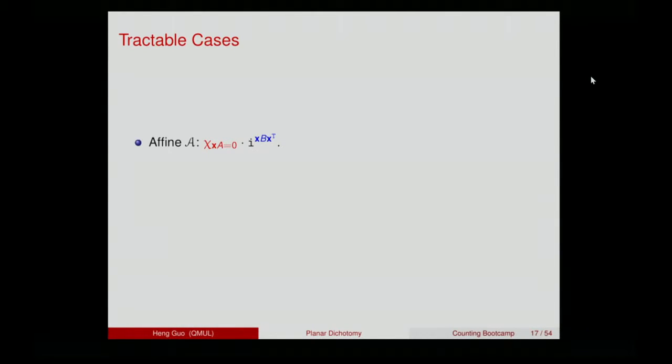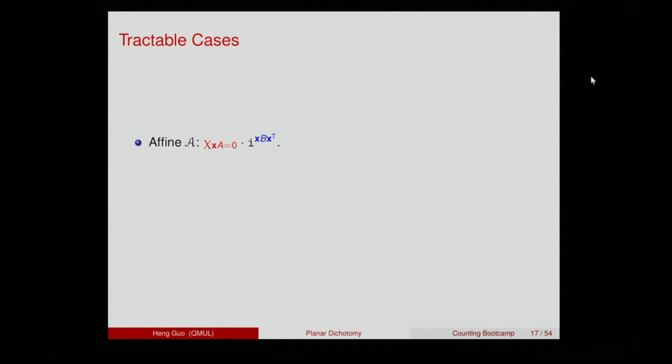The first class is these so-called affine functions. So basically, you have an affine support indicated by this characteristic function, and we have i to some quadratic form. Here we require B to be symmetric. Therefore, the cross terms will always have an even coefficient. And this is called affine because it's a generalization of affine linear systems.